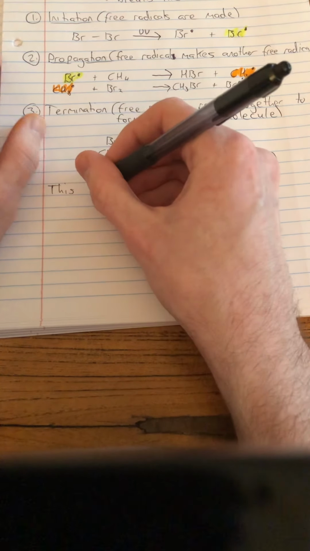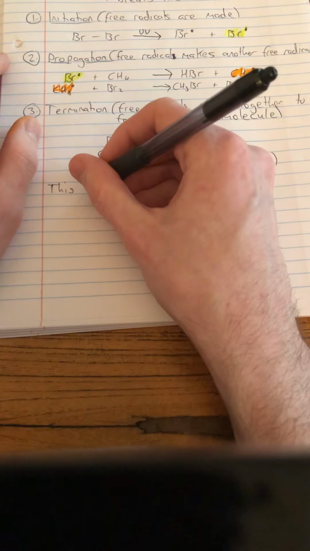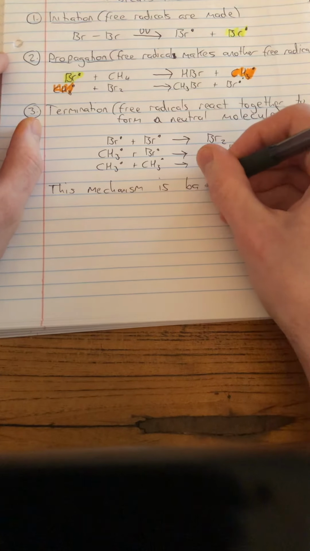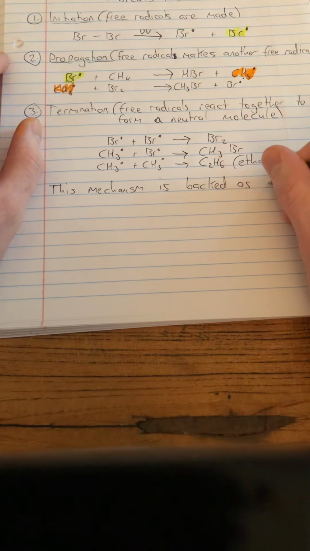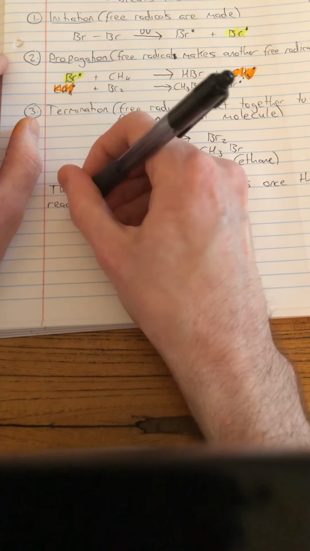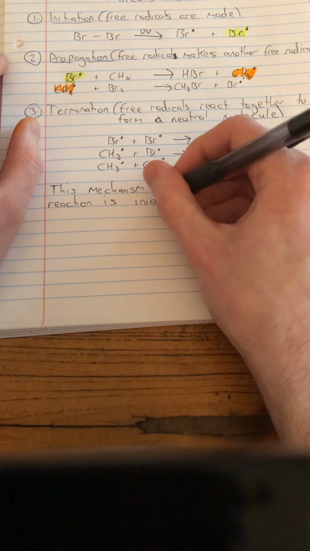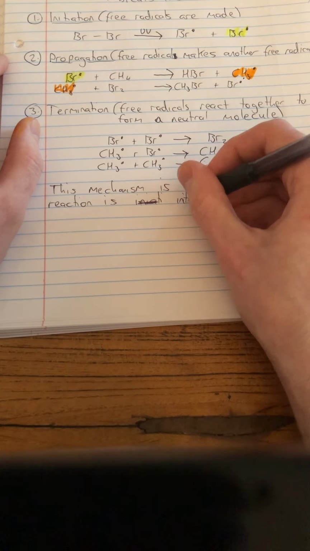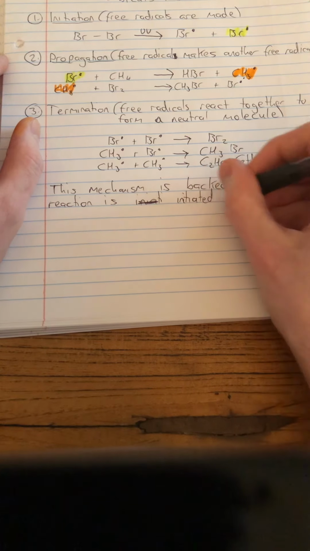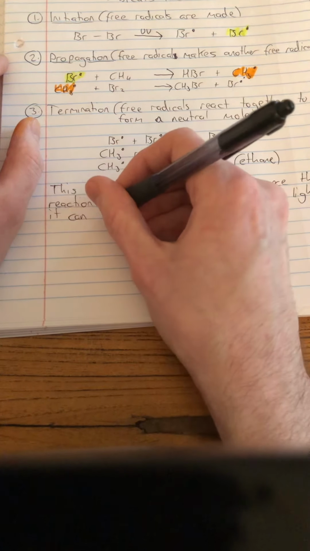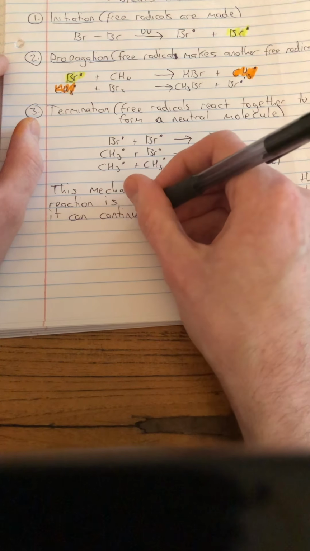So this mechanism, we know there's an initiation, propagation and termination step because this mechanism is backed up as once the reaction is initiated with UV light, it can continue in the dark.